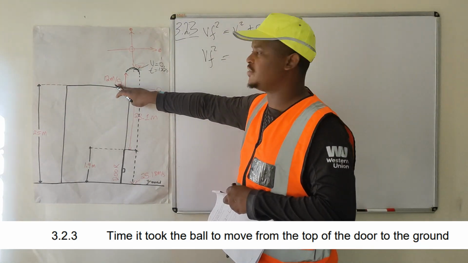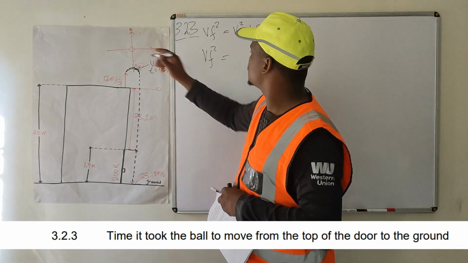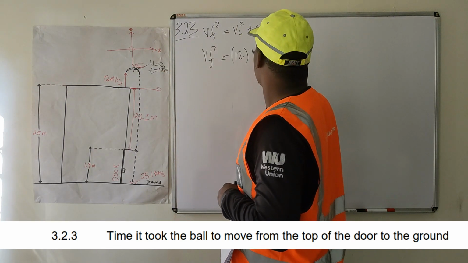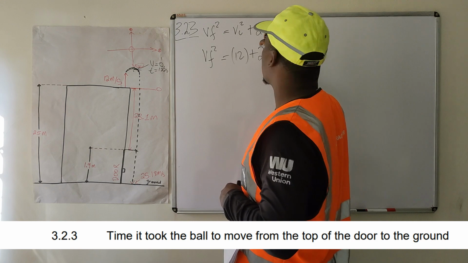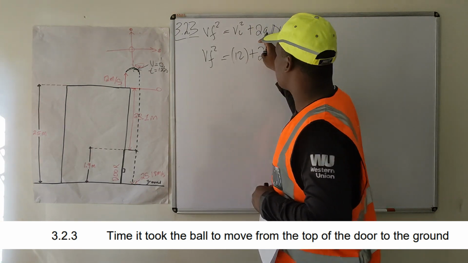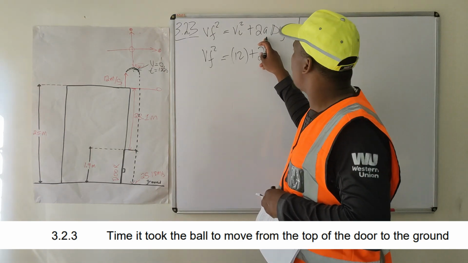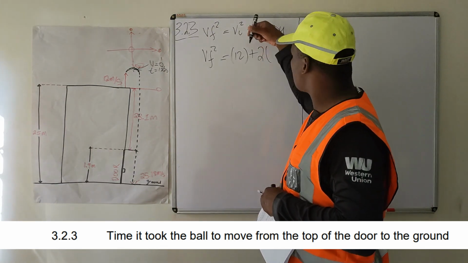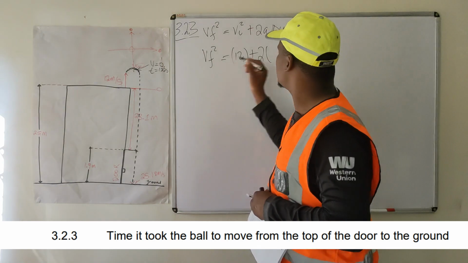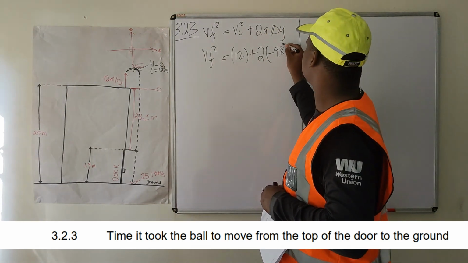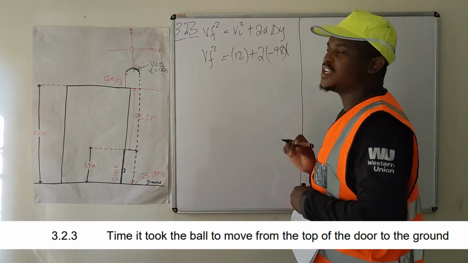Is it positive or negative? It is positive because it's going upwards, so it's positive 12. Plus 2 times gravitational acceleration. What is our gravitational acceleration? It's 9.8 meters per second squared. Is it negative or positive? It's going downwards, and according to our coordinate system, down is negative, so it's negative 9.8, times your displacement.